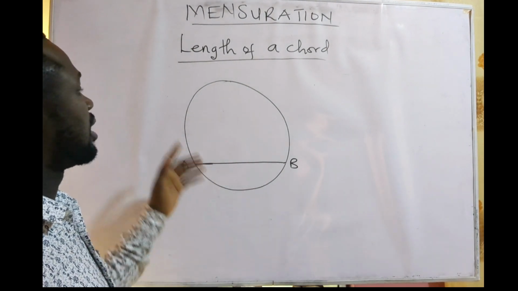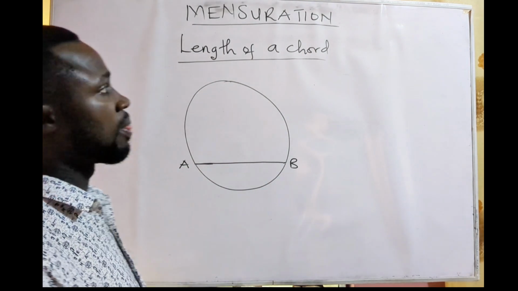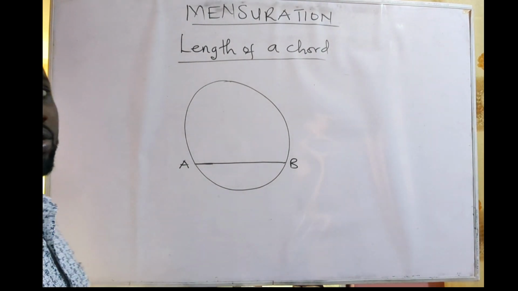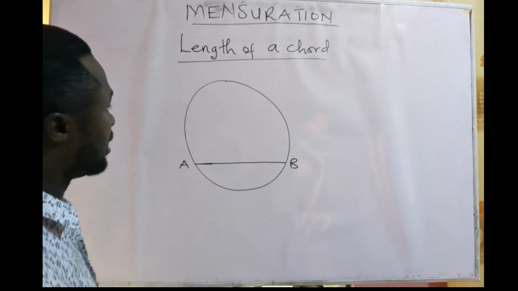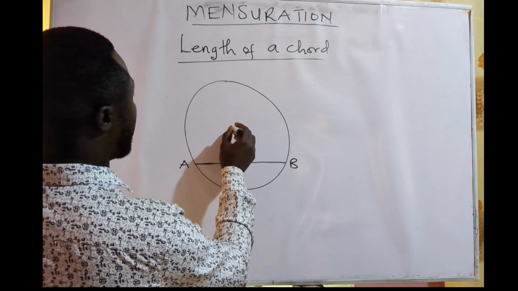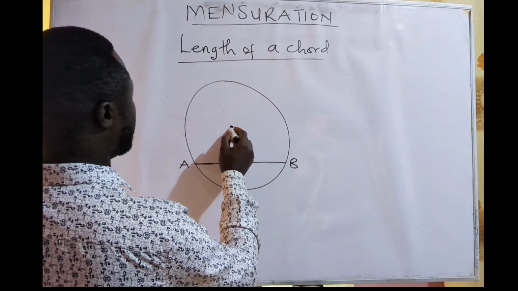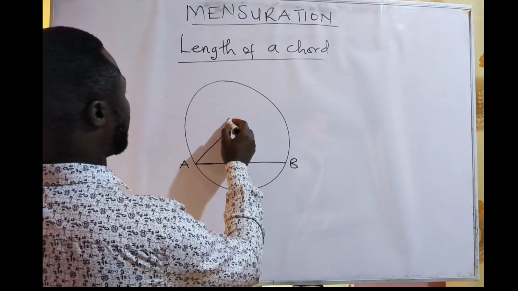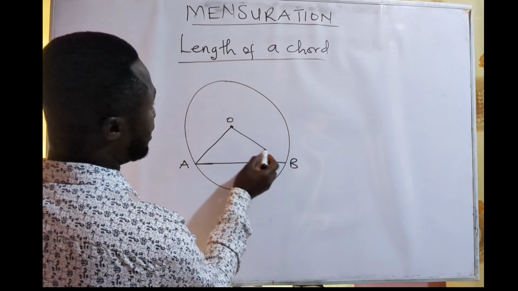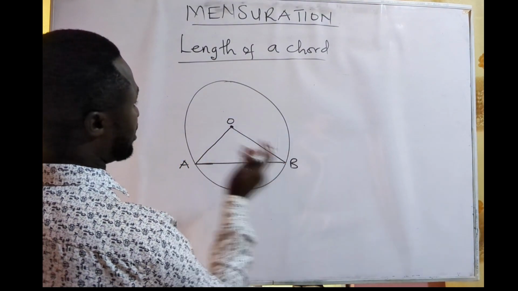So I'm going to look at how we will calculate the length of this chord AB. If we are able to calculate it, then we should be able to know the angle this chord subtends at the center, so that it forms a triangle and helps us calculate the length of this particular chord.